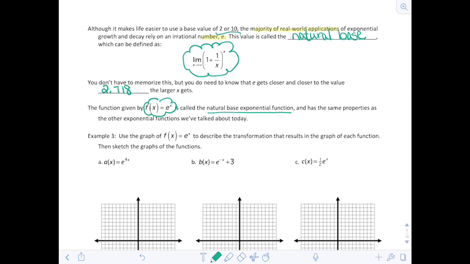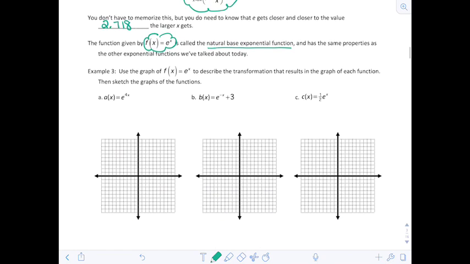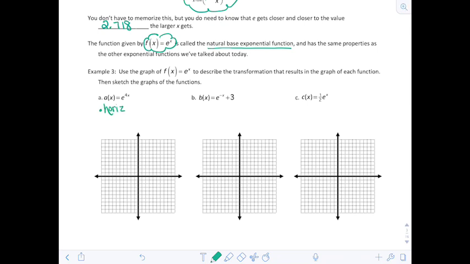Okay, so in that, we're going to graph a few transformations of this. Once again, this is still going to go through the point (0, 1), but we're just going to make some sketches as to how these are affected. With this one, to describe the transformation that results from e to the 4x, the 4 is going to be a horizontal compression by a factor of 4.